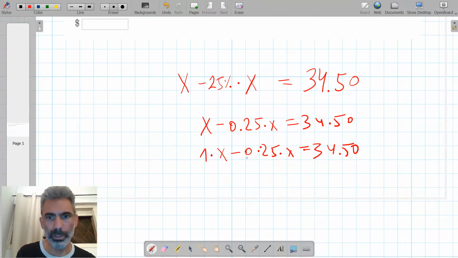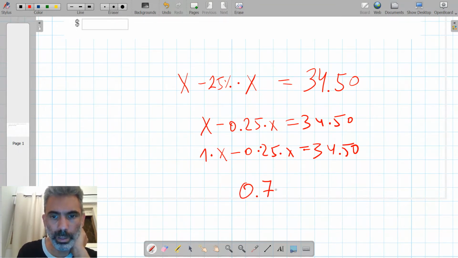And this leaves us 75%, which is 0.75 equals 34.50.